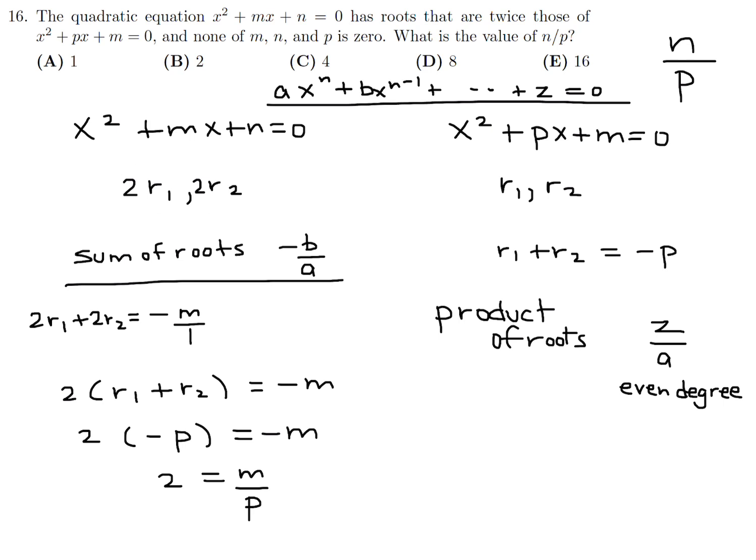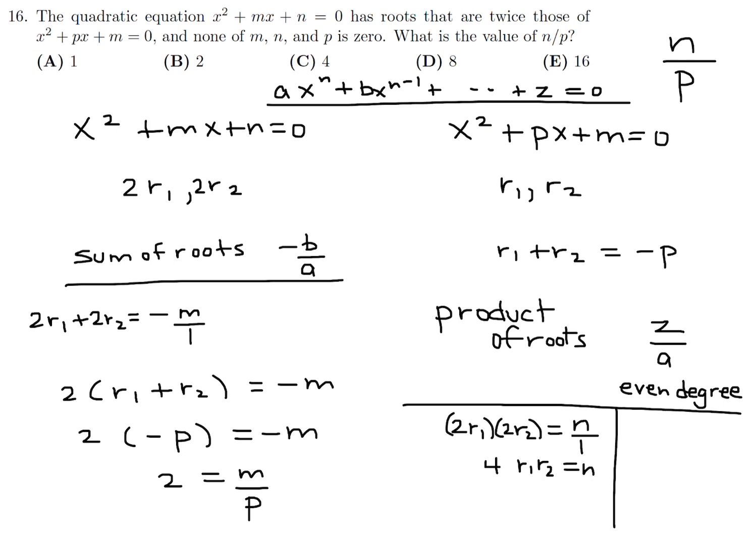Product of the roots is our z over a, in this case n over 1, like that. So n over 1 would be the product, and since our roots are 2r1 and 2r2, this looks like 4 times r1 times r2 is equal to n. And in a very similar way, we'll do the exact same thing on this guy with the product of the roots formula.